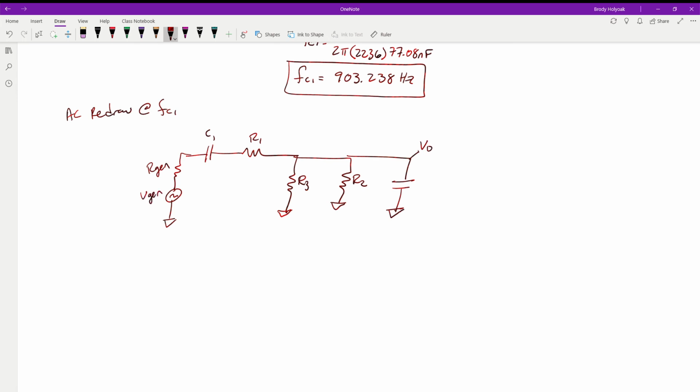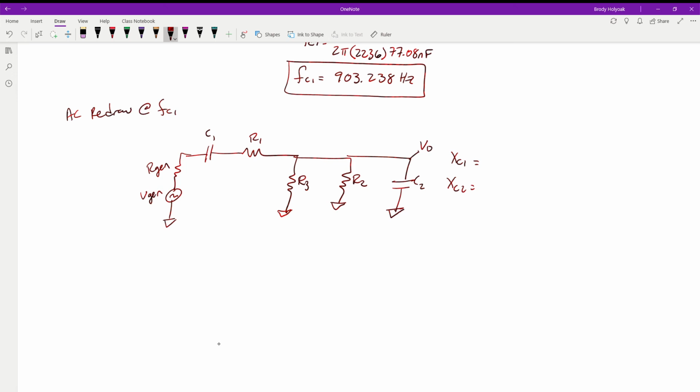Okay. So now what we need to do is find our X of C1 and our X of C2. And I'm going to prove to you guys that we can safely ignore our capacitor 2. So capacitor 1, when we solve for the reactance, is 1 over 2 pi times the frequency times the capacitance.